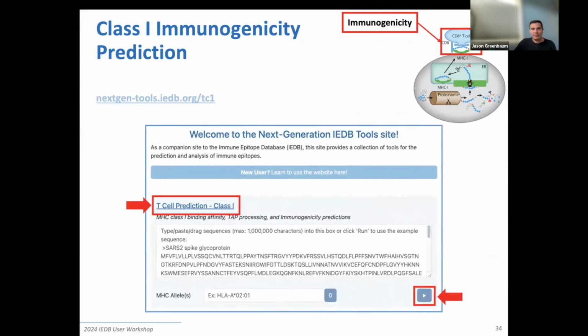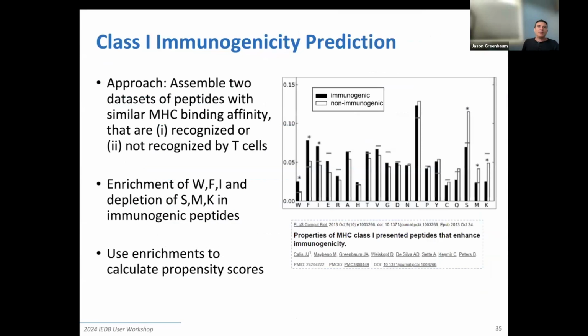Again, same page, same links. So the immunogenicity predictor was developed based on a data set composed of both immunogenic and non-immunogenic peptides, analyzing the frequency of amino acids within each of those sub-data sets.